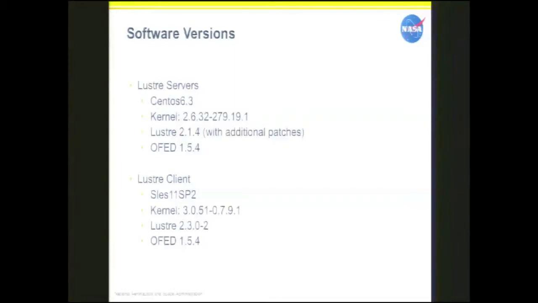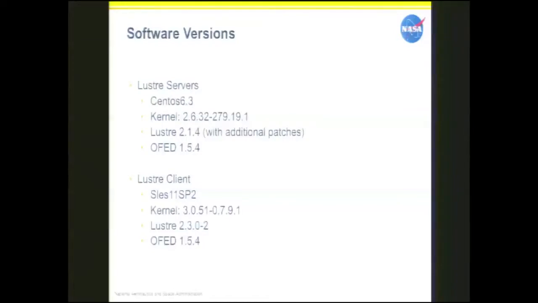On the client, since we have 2 endeavors, on one of them we put Sense 6.3, and Sense 6.3 comes with a 2.6 kernel. SLES 11 SP2 comes with kernel 3.x. So we decided that the users would get more benefit on a big SSI system using a 3.x kernel now.